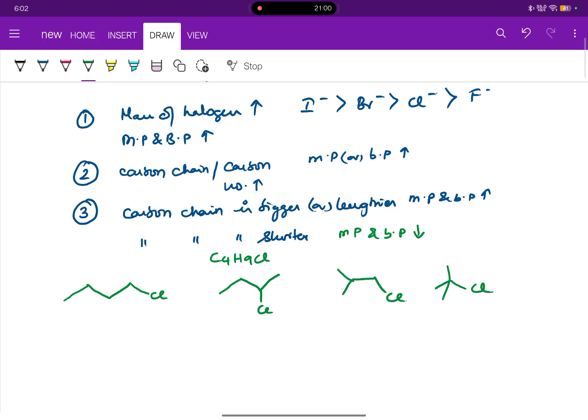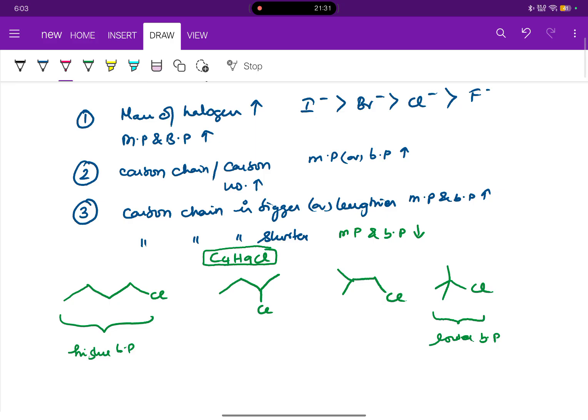C4H9Cl. So all of them have the same molecular formula, but the one with the longest carbon chain will have a higher boiling point, while this will have a lower boiling point. The molar mass is the same, but why is there a difference?